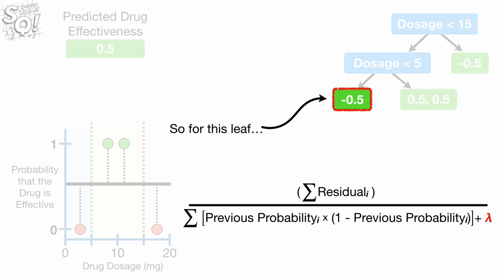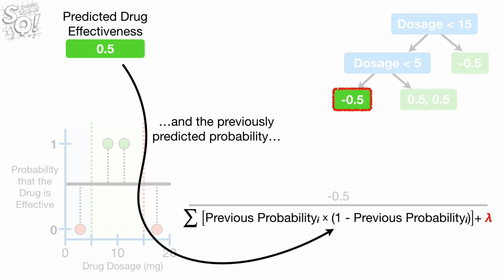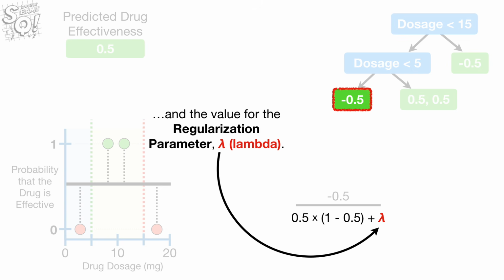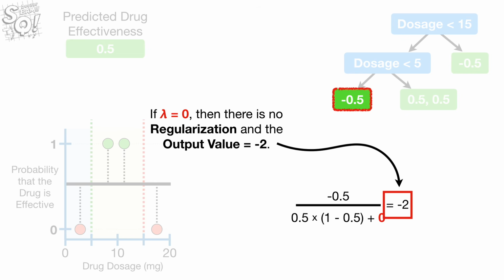So, for this leaf, we plug in the residual, negative 0.5, and the previously predicted probability, and the value for the regularization parameter, lambda. If lambda equals 0, then there is no regularization and the output value equals negative 2.